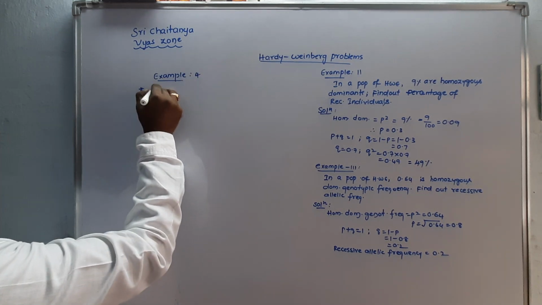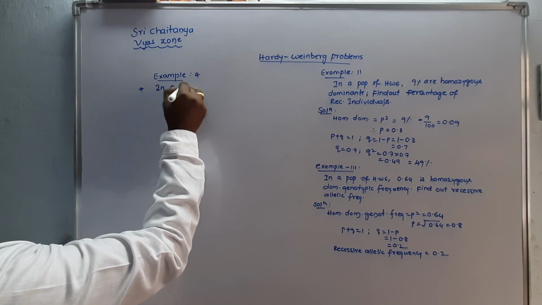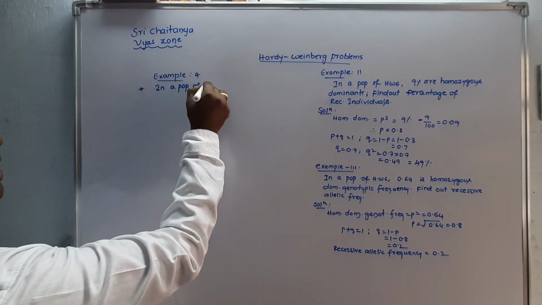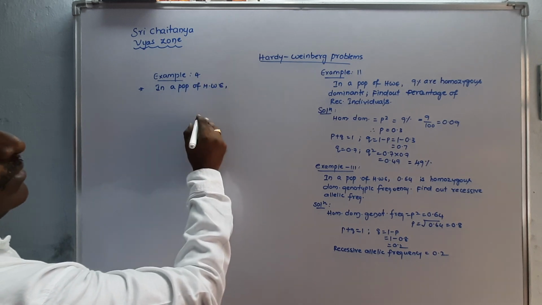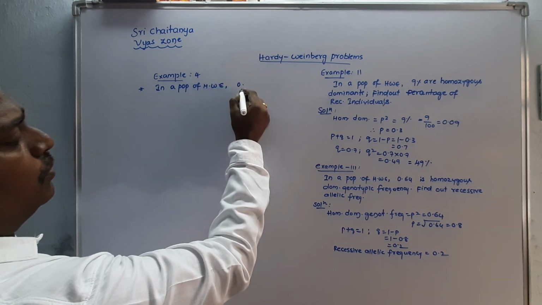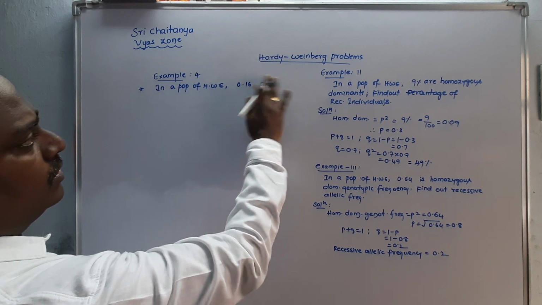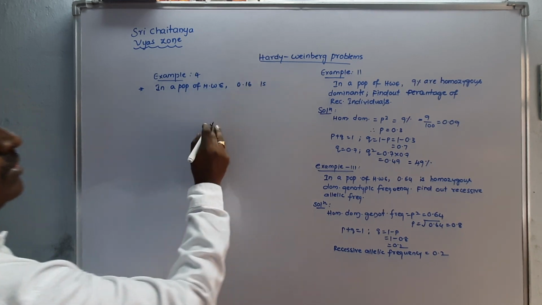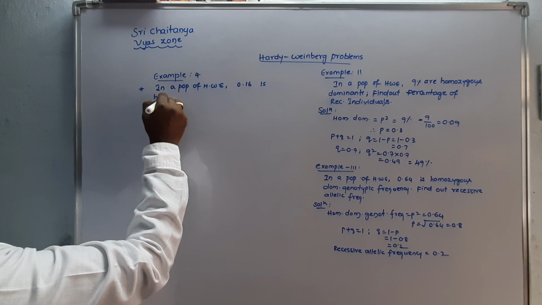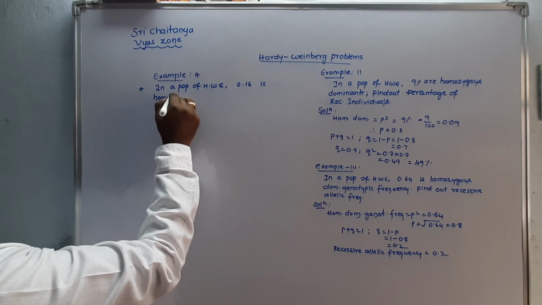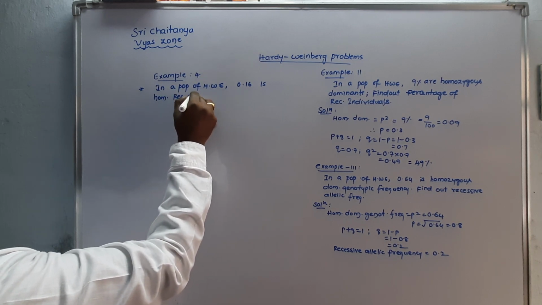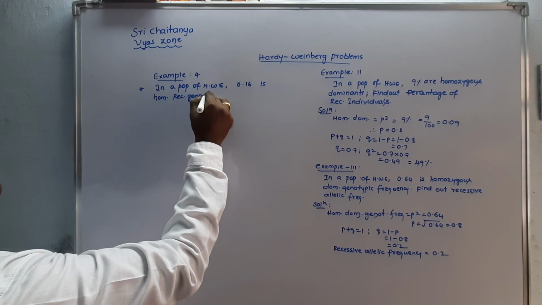That is, in a population in Hardy-Weinberg equilibrium, 0.16 is the homozygous recessive genotypic frequency.